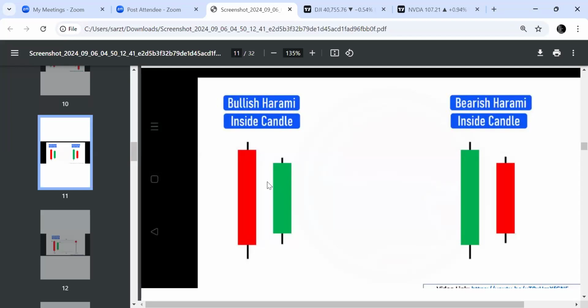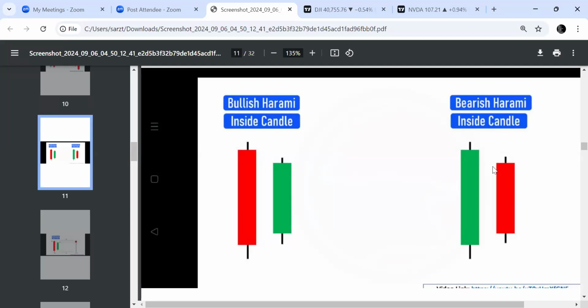And if the bullish harami forms near the support level, we give it more significance. Similarly, a bearish harami occurs after an uptrend when a large green candle is followed by a smaller red candle. The red candle opens below the previous green candle's close and closes lower than its open.